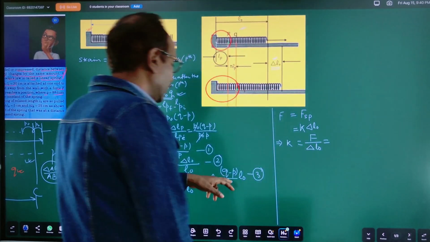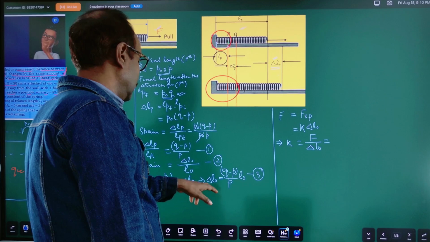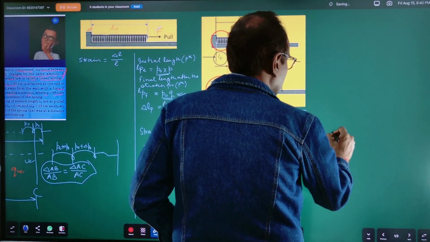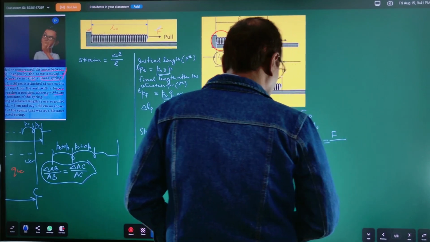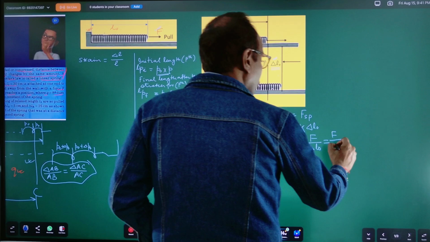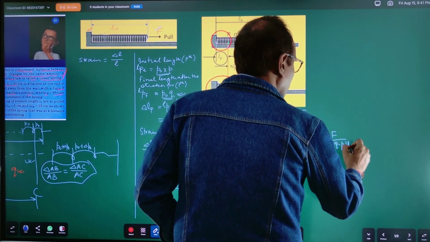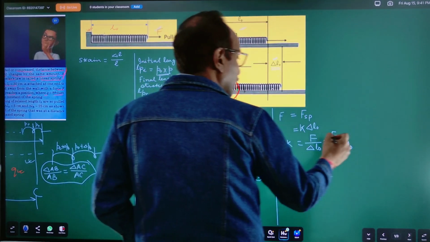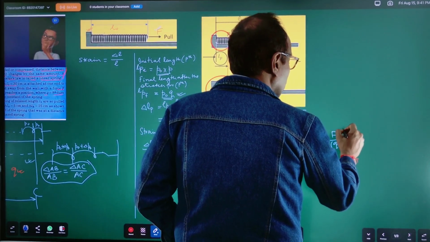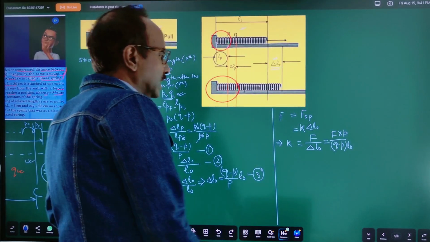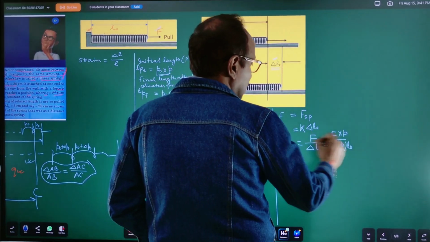From equation 3, if we put this value over here, the P will go up. So you will get the spring constant as this.